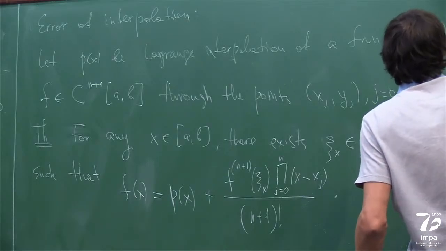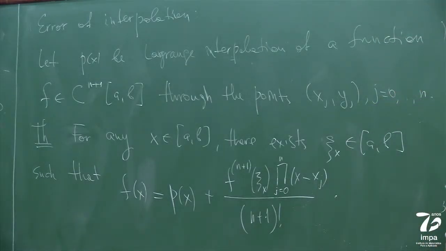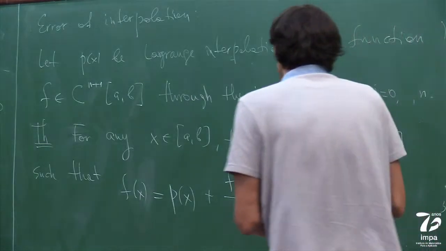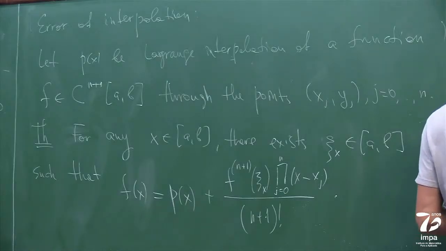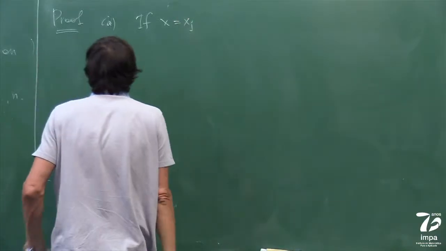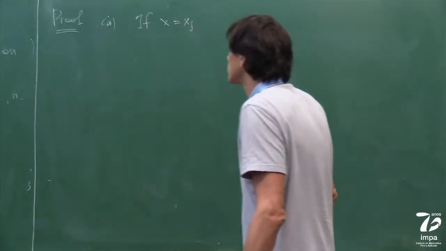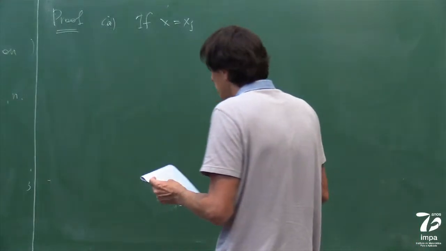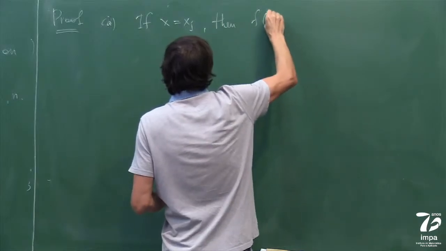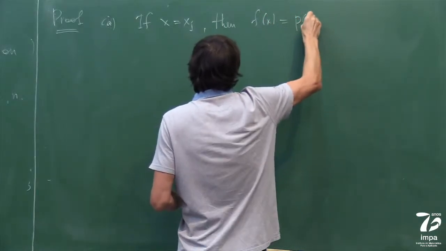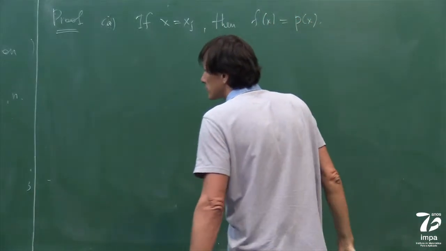The first case is trivial: if x coincides with some of the interpolation points, then f of x is just equal to p of x.